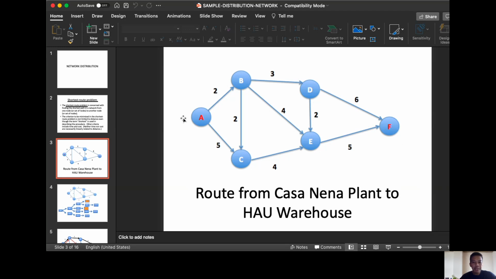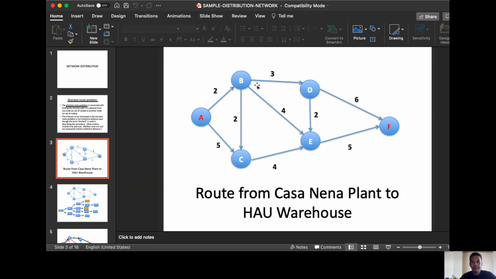Now, in this figure, you're presented with nodes, arrows, and figures indicated in each arrow. So, what do they mean? Each node represents stops or buildings. For example, if we go to the HAU warehouse from Casa Nena, we shall pass the PGN building and the STL building.